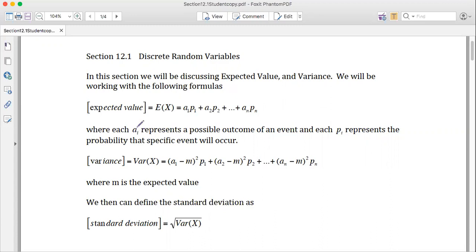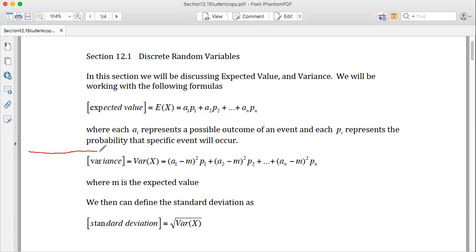Where each a sub i represents a possible outcome of an event, and each p sub i, all of the p values, represent the probability that that specific event will occur. So a sub 1 is outcome number 1, and p sub 1 is the probability that that outcome occurs. A sub 2 is outcome number 2, p sub 2 is the probability that that outcome occurs, and so on and so forth. And that's how we find the expected value.